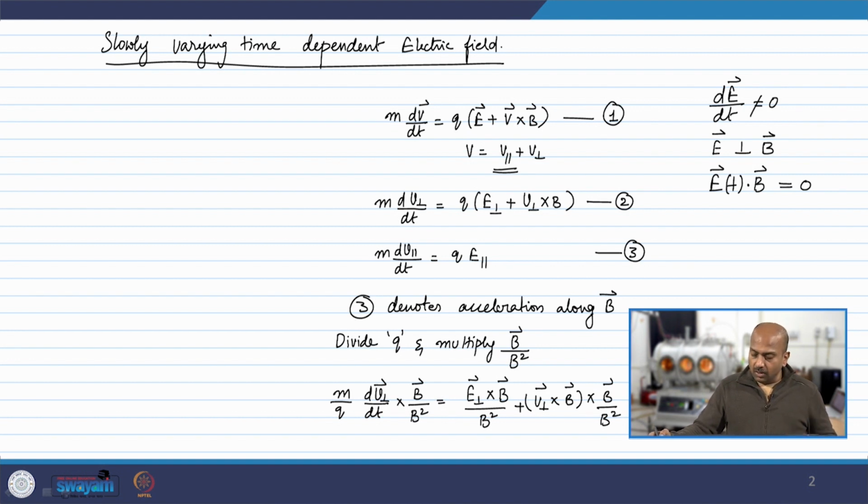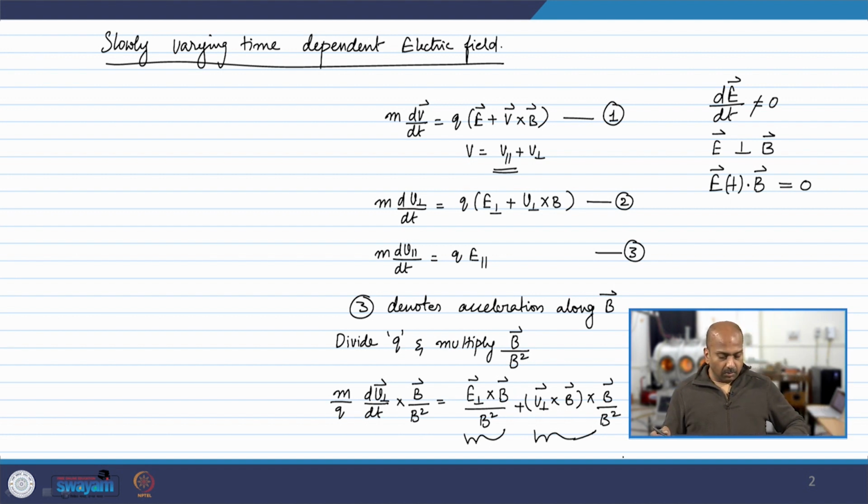We are doing this just to write this equation in terms that we are familiar with. Now, what you see on the right hand side is the E cross B drift velocity right away, and you are seeing a triple vector product, right. So, let us resolve this triple vector product and see what terms we get.